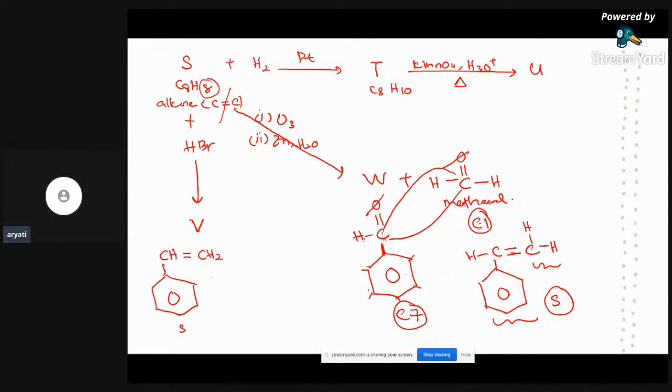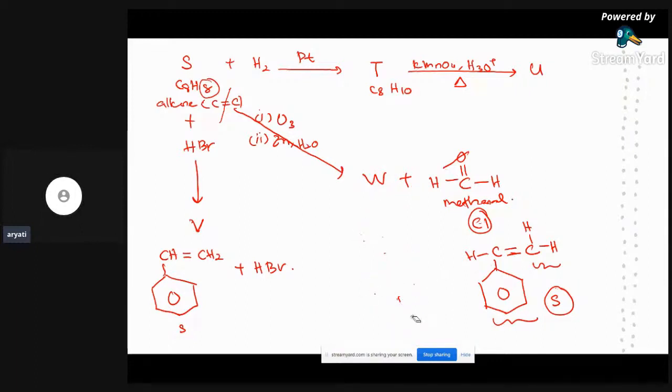Ini adalah S. Bila react dengan HBr, okay, tindak balas mesti sentiasa obey Markovnikov. So bila dia obey Markovnikov, H akan masuk pada carbon yang lebih banyak H. So H masuk kat sini, Br akan masuk dekat sini. So the structure for V will be CH. So double bond dah jadi single bond.